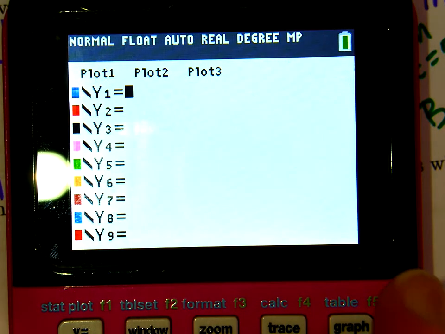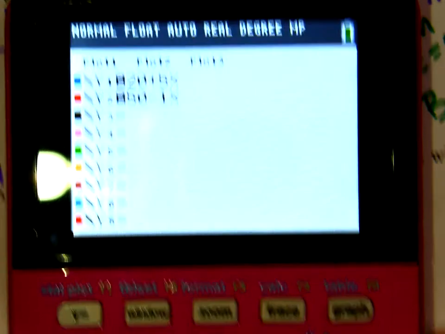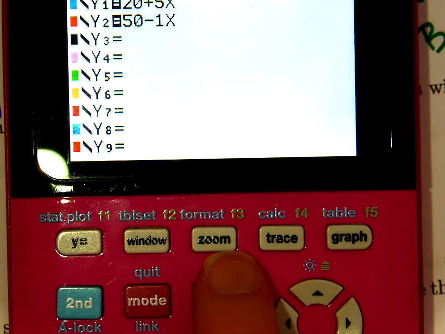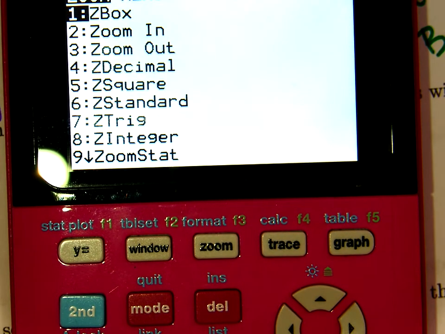So the scatter plot is now off, and I'm ready to input my product A equation, 20 plus 5x instead of t, of course. And my second equation is 50 minus 1x. Hit enter. Now I'm going to go to zoom, because remember it was on that scatter plot, and go down to 6 and hit enter.